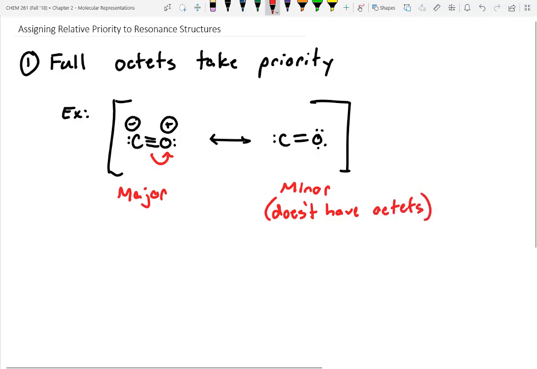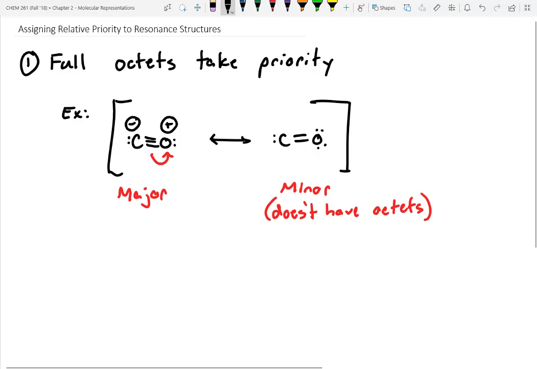And it's something that throws people off because they say, well, the major contributor has a positive charge on oxygen. Oxygen's electronegative. How the heck does that work? And I'd say ignore charge. Octet takes priority over charge every single time. It seems counterintuitive from what you were taught in Gen Chem.